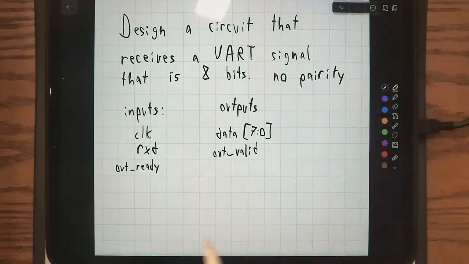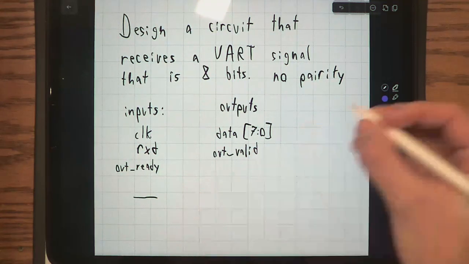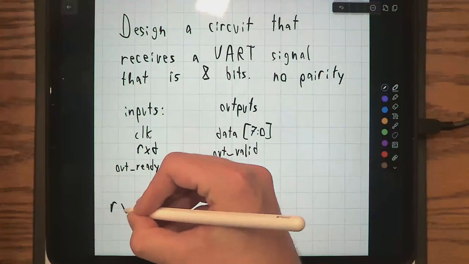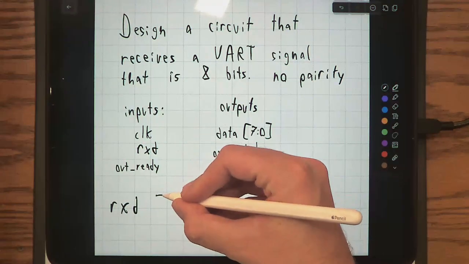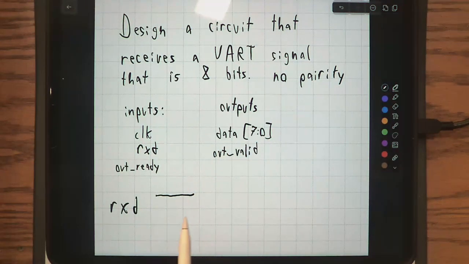Parity. Okay, so good. But before we send the bits, what else do we have? Okay. Yeah. And then the start bit. Right. So if this is RxD, it's held high, and then the start bit is denoted as what? Is it a 1 or a 0? 0.